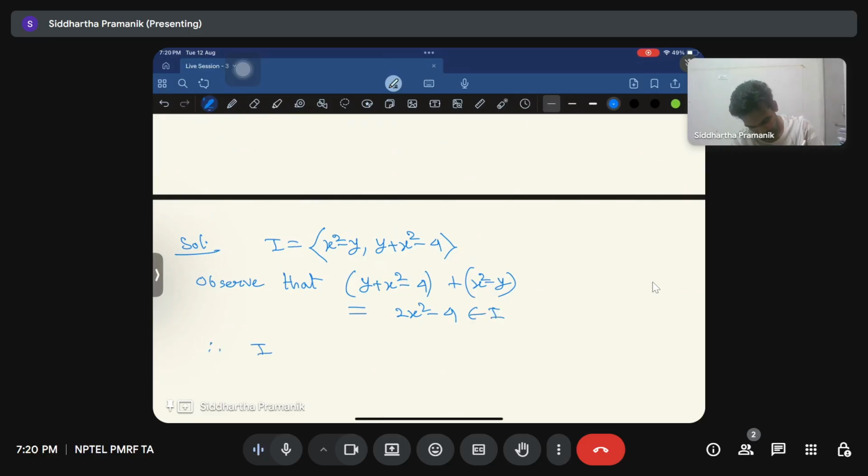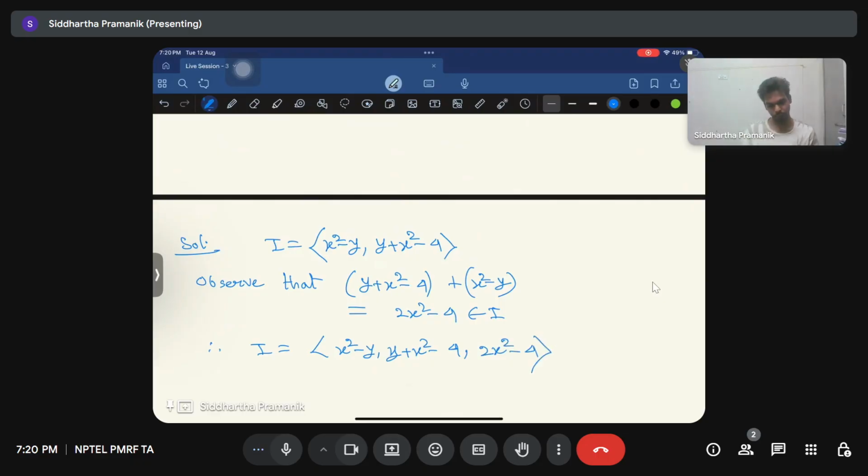So we can write I as x square minus y, comma y plus x square minus 4, comma 2x square minus 4.